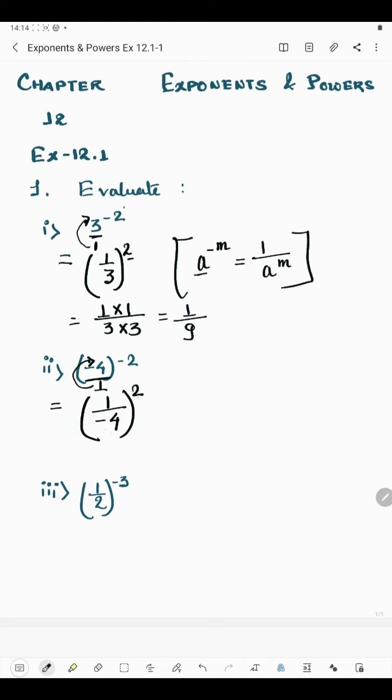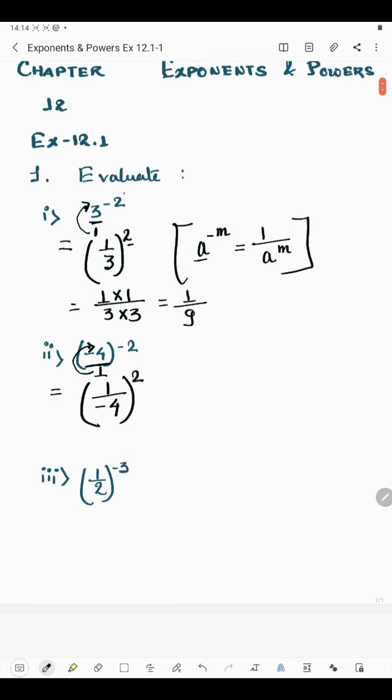The 2 has become positive since we have written the base in reciprocal form. Now 1 square means 1 into 1 and minus 4 square means minus 4 into minus 4. So 1 into 1 is 1 and 4 4s are 16. Here 2 minus signs are given, so minus into minus is plus. So the answer will be 1 by 16.